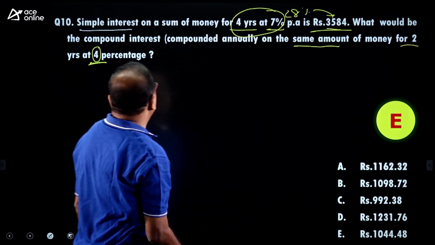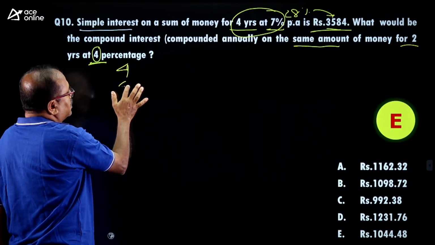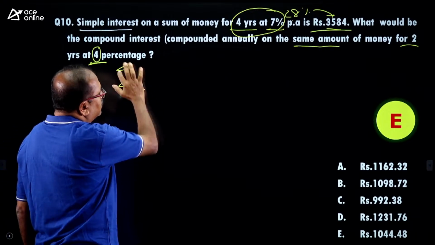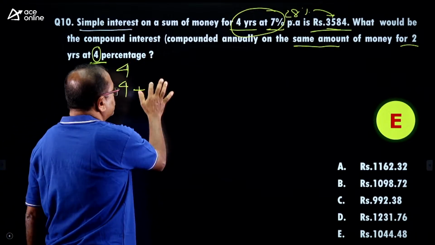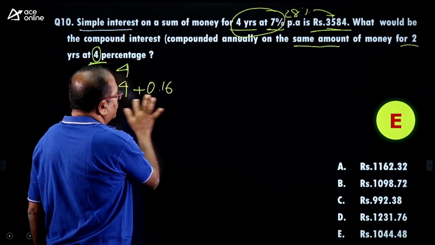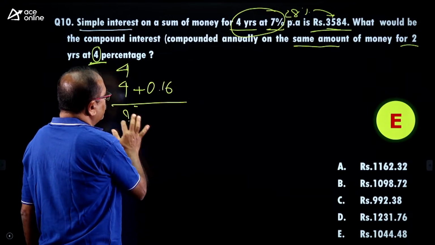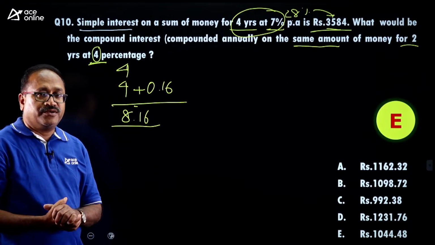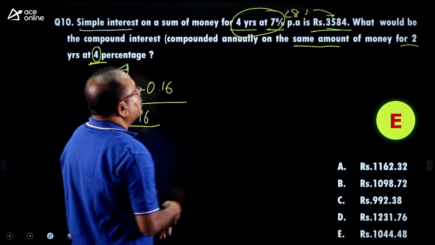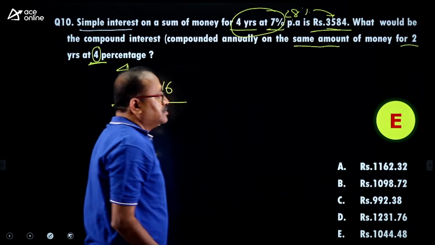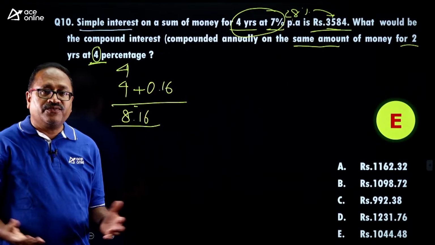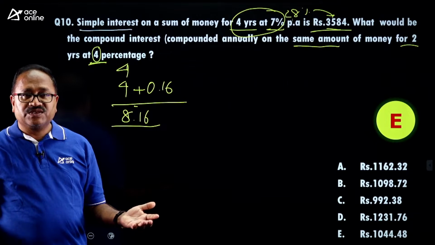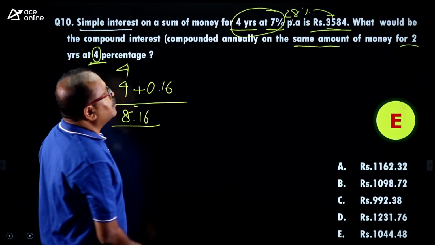And you know that 4% per annum for 2 years, that's 4 plus 4 plus 4% of 4, which is 0.16. That means you have to find out 8.16%. That's what you need to find out. What you already know? You already know 28%. What do you have to find out? 8.16%. So let's write down this one.